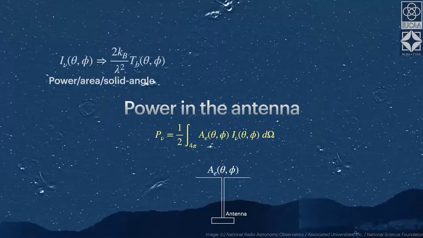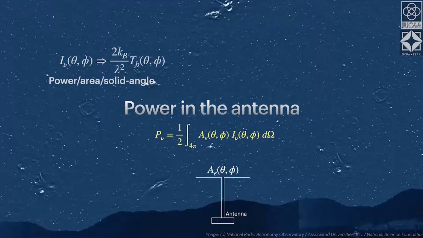What one can go ahead and do is define, in the Rayleigh-Jeans limit, the intensity of any particular source or region of the sky, see how much flux it gives, and try to assign a brightness temperature to it. You must have heard this in the previous lectures too.